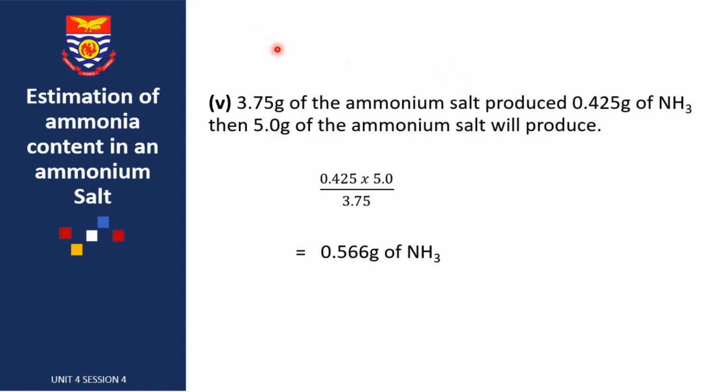So if 3.75 is equal to 0.425, then 5 grams is equal to X. We would cross multiply, make X the subject, and we'll have this relation, which will give us 0.566 grams of the ammonia. So if they had used this 5 grams, they would have produced 0.566 grams of the ammonia.